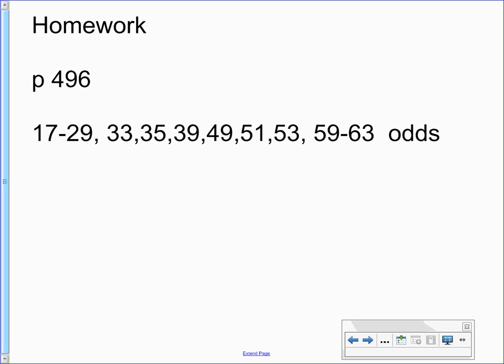Let's see, 17 through 29. Oh, you know what? 17 through 29 is hard too. I'm going to change this a little bit. Sorry. I realize you don't need to worry about that. So you can check your work, not just write down answers.